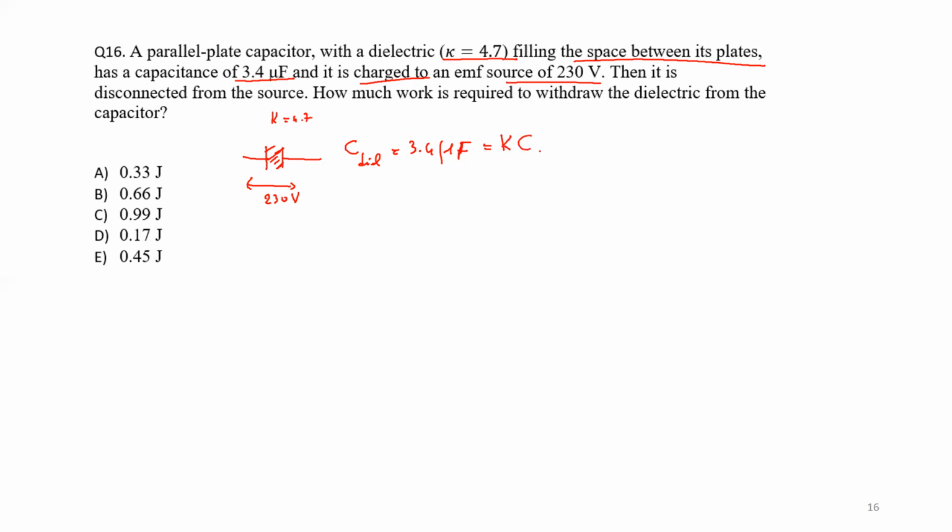So this is kappa multiplied by Ca. So that means my Ca is C with the dielectric divided by kappa, meaning 3.4 microfarad divided by 4.7. So my capacitance without this dielectric is just 0.72 microfarad.